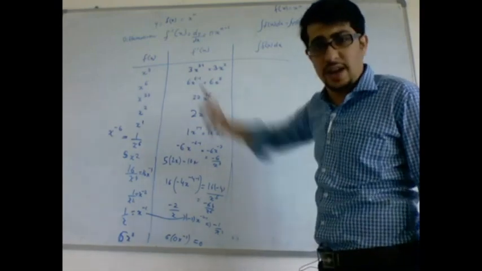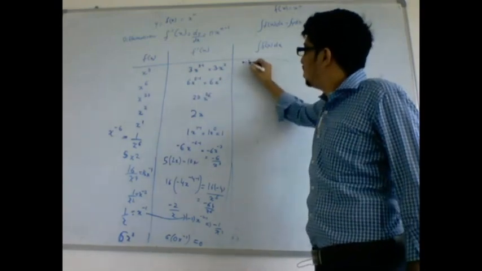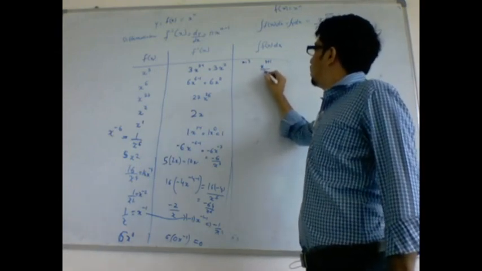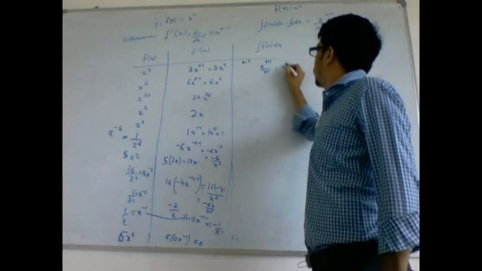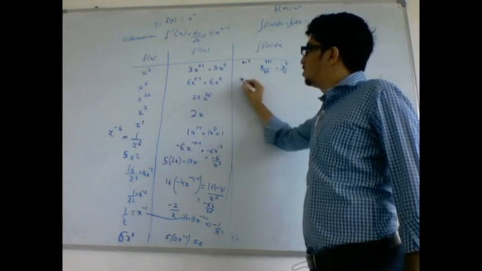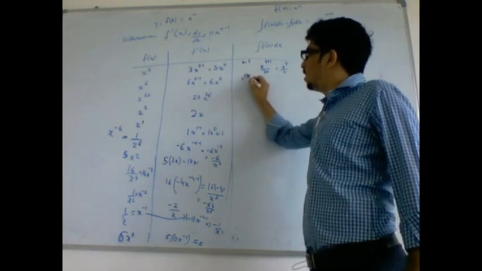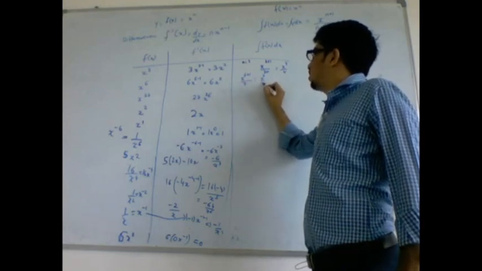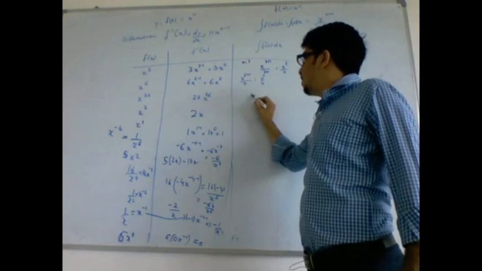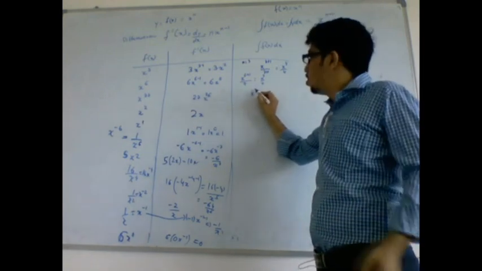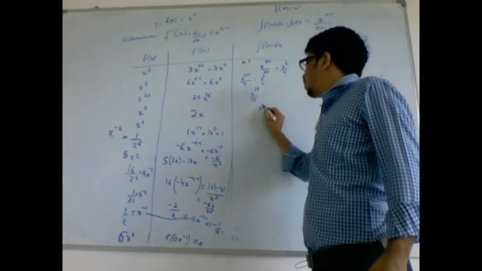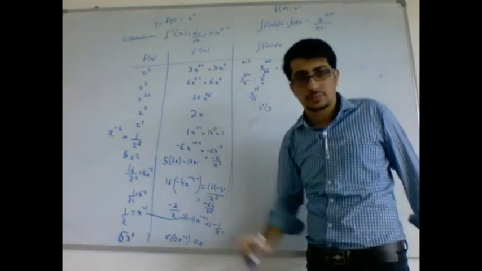Let me show you. x power 3, so n is 3, so x power 3 plus 1 upon 3 plus 1, that is none other than x power 4 upon 4. Similarly x power 6 plus 1 upon 6 plus 1, that is 7, so x power 7 upon 7. For this, x power 28 upon 28, here x cube upon 3.